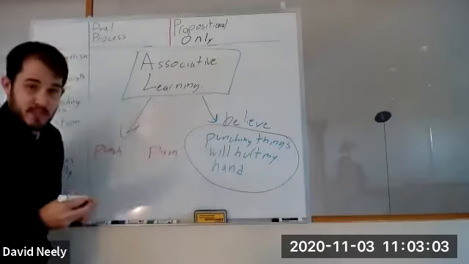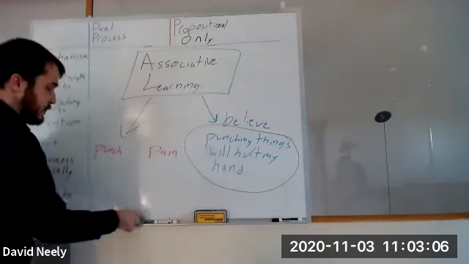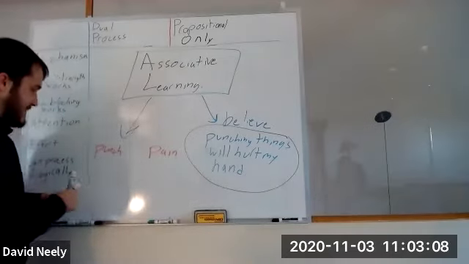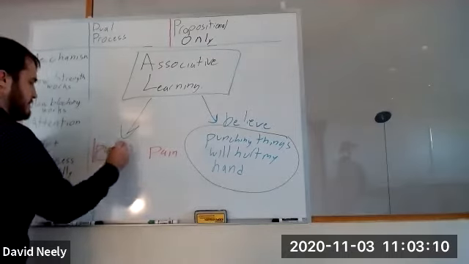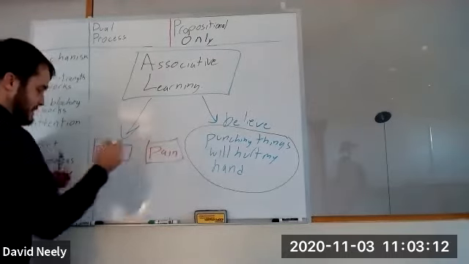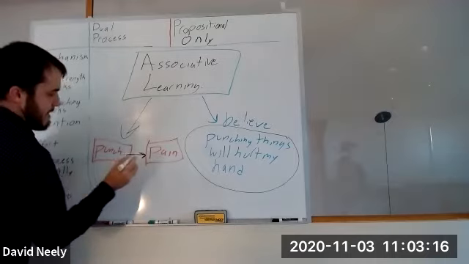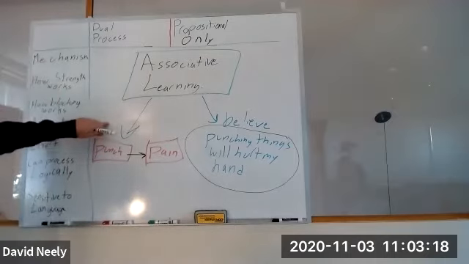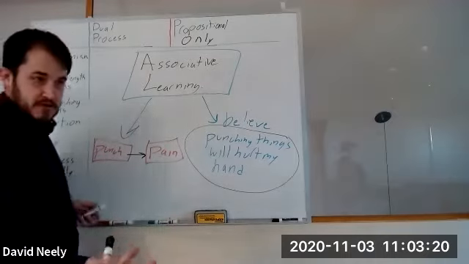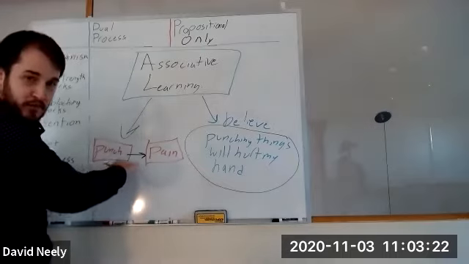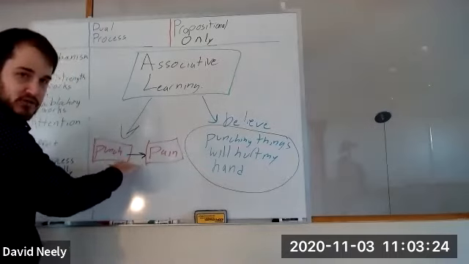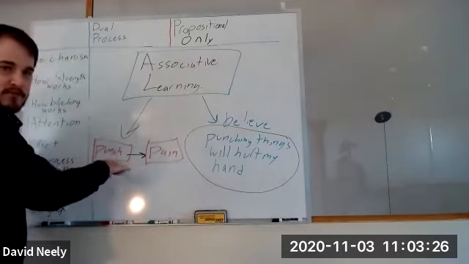And what it is to learn associatively is just for a link to form between these two things, and specifically a link that runs in this direction. So that's where the confusing thing comes in, which is that sometimes people refer to this mechanism as association or a forming of an association.